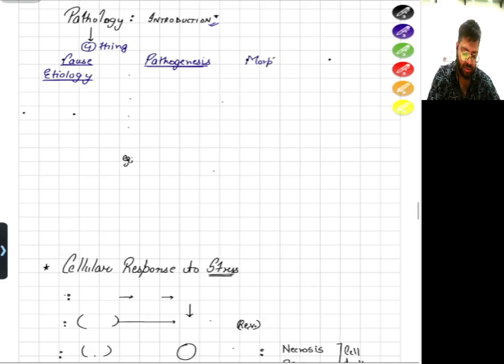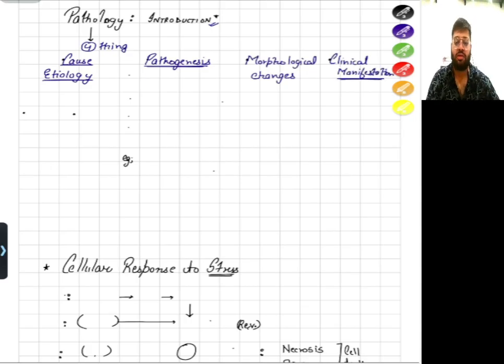Morphological changes of any disease also come under pathology. We will study morphological changes also. And the last is clinical manifestations. These are the four things which we need to know about pathology.